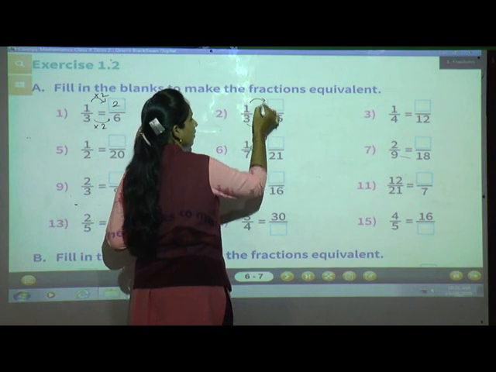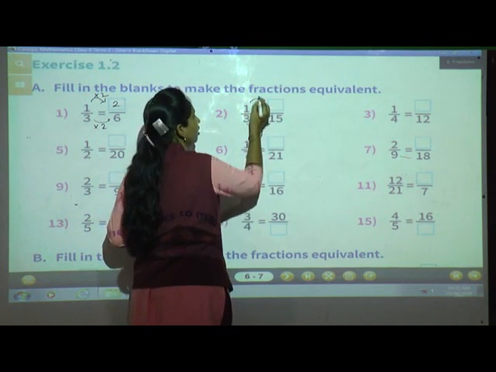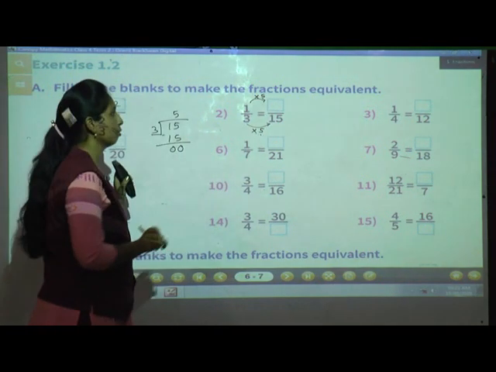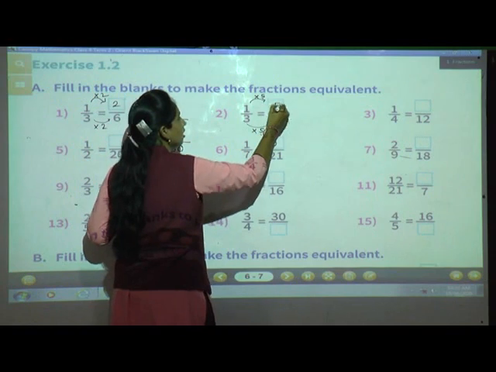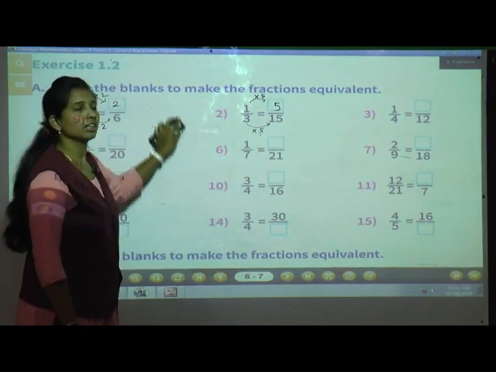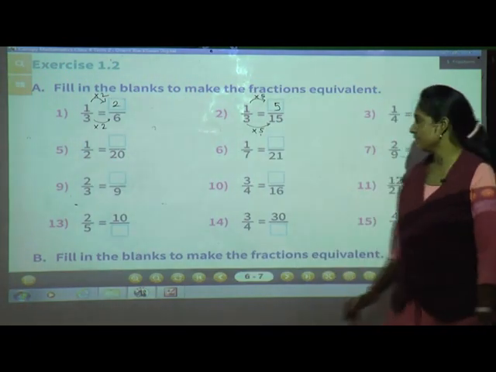So in the same way, if we have taken 5 in the denominator, we need to take the same number in the place of the numerator also. So 1 5s are 5. Clear? Okay? Yes.